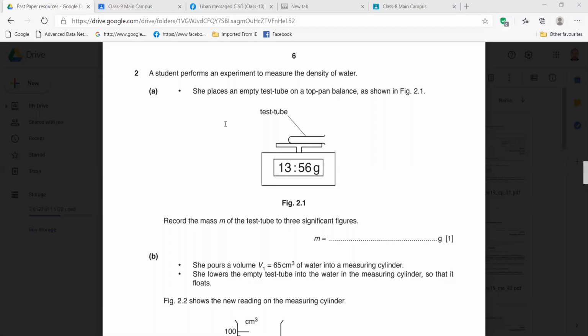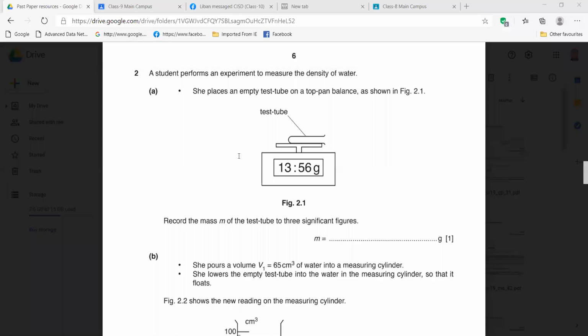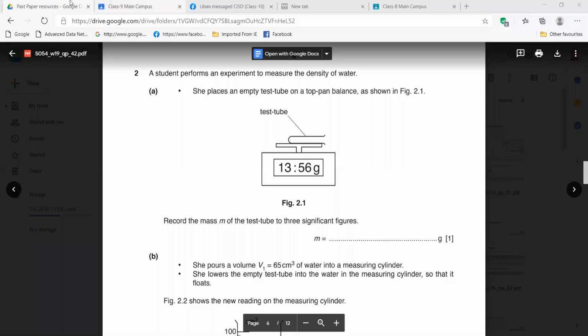Adnan Rahim, you also wrote the reading of mass as 13.6 gram, right? As they told us to record it in three significant figures. If you are done, then we can go to the next. Yes, sir, we can go.